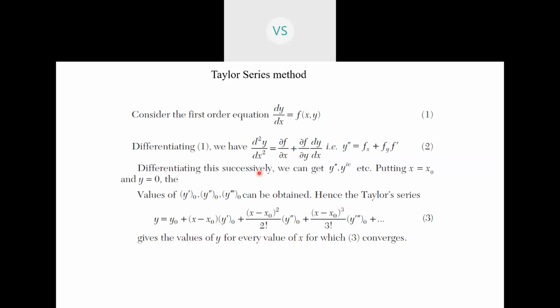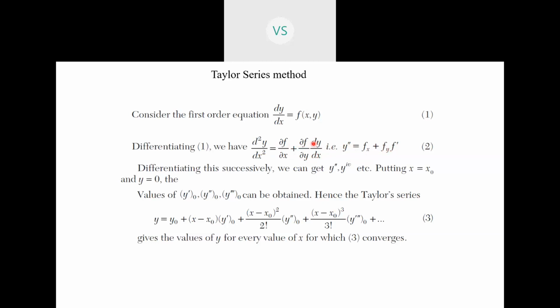When we differentiate this function f(x, y), we get the value as del f by del x plus del f by del y into dy by dx, that is y dash. So d square y by dx square means y double dash is equal to f_x, the function's derivative with respect to x, plus f_y, the derivative with respect to y, into dy by dx, which is f.